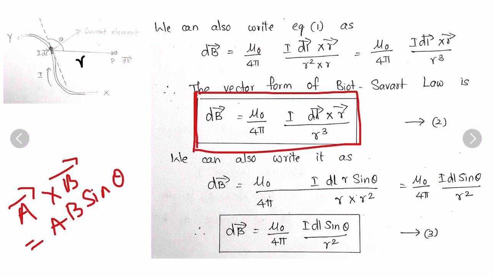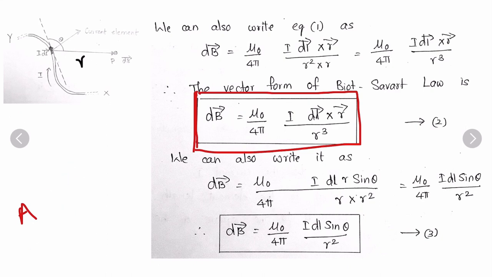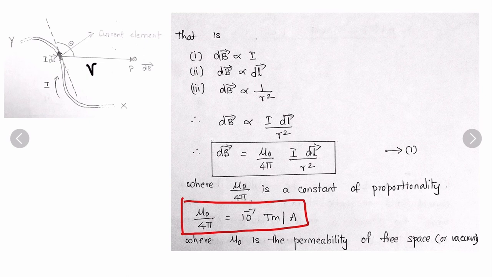So, here we have learnt three forms of Biot-Savart's law. Depending upon the situation, we can change the form. The first form is equation number 1, mu 0 by 4 pi IdL by R square.